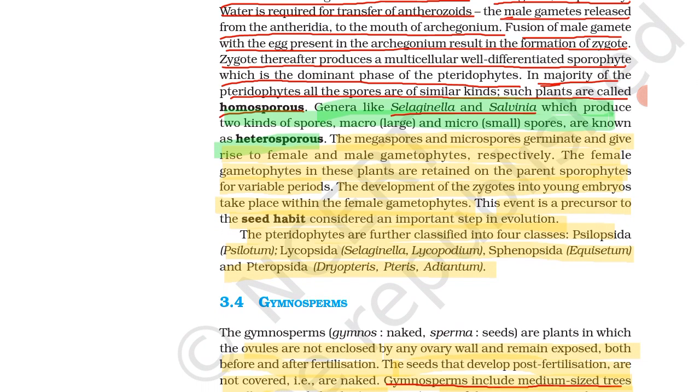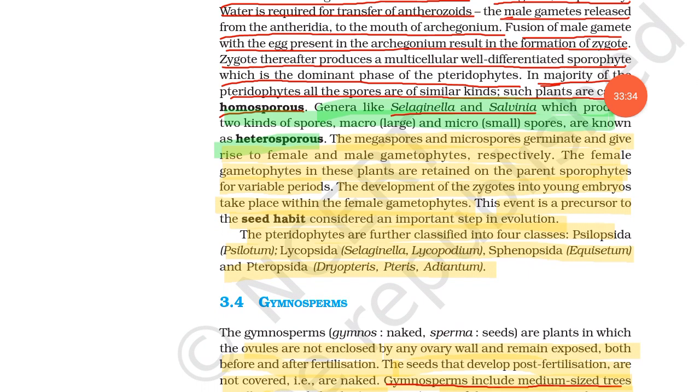The female gametophytes in these plants are retained on the parent sporophyte for a variable period. The development of the zygote into young embryos takes place within the female gametophyte. This event is a precursor of the seed habit, considered an important step in evolution.